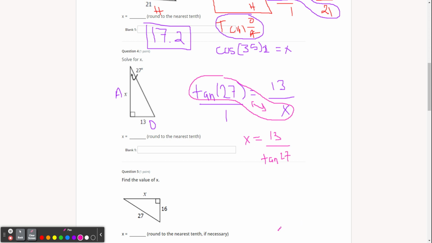Excellent. Okay, and then we just got to put that in the calculator. Make sure you don't get lazy like me and you put parentheses around it. It doesn't always make a difference, but it does sometimes make a difference. Everybody, what do we get for an answer for number 4?